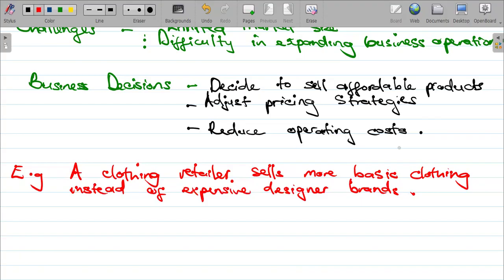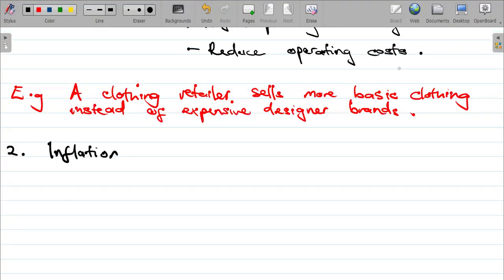Another socio-economic issue or problem is inflation. Inflation is whereby goods are priced at a higher cost, or the value of the rand has decreased, whereby you need to pay more rands to buy few products.